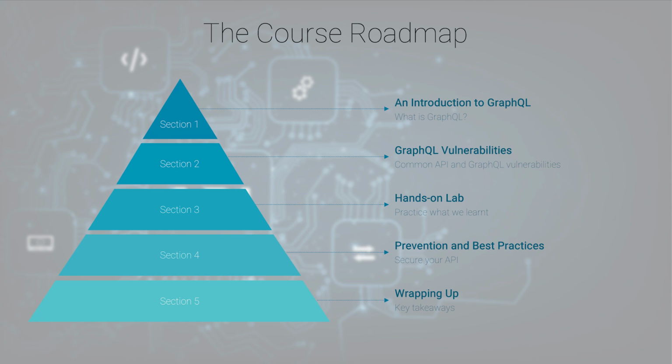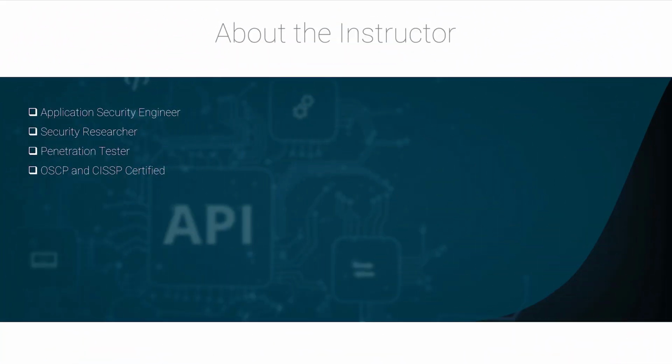Okay, so before jumping into the course, a little bit about myself. As you know, I'm Ali Dori, an application security engineer. I also have a background as a security researcher, researching in both academia and industry in terms of securing applications and various domains. I've worked in the security of IoT systems, smart grids, smart cities, and various industries as well.